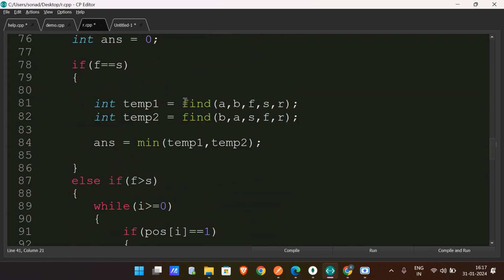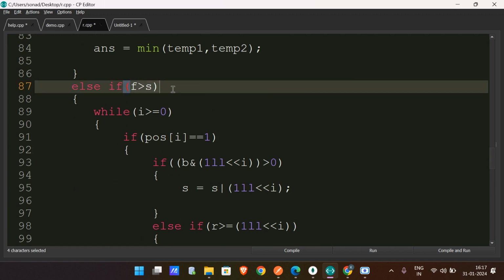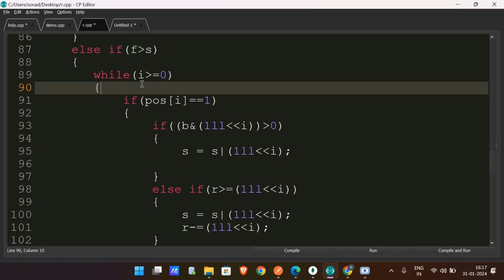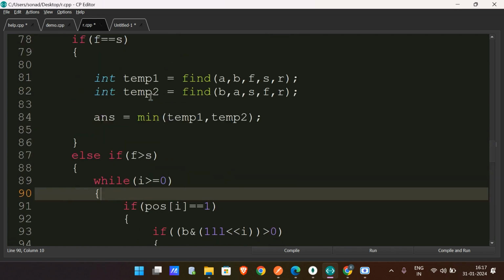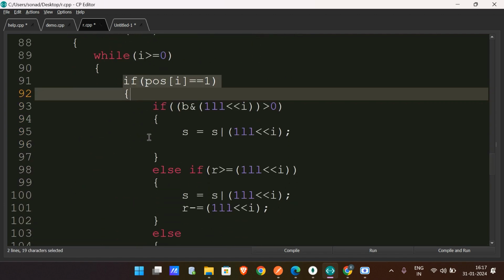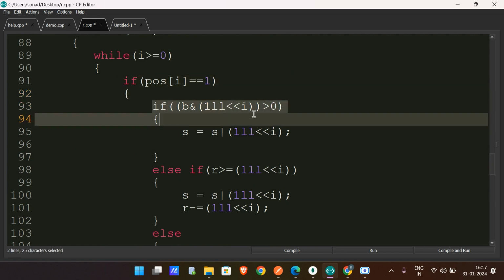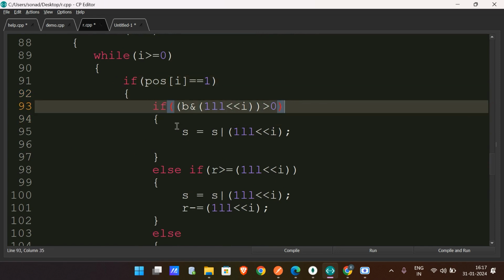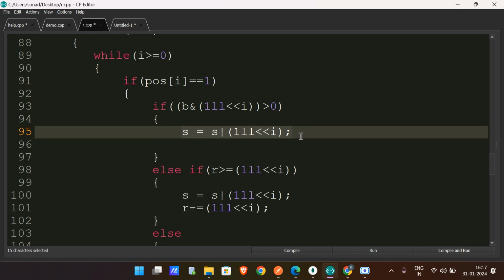If both are the same, I'm checking that. But if F is greater than S, then I need to increase the second term by assigning all the other bits that is possible. So I'm checking for all the other bits from the last bit position, from the 60 to 0. If it is 1, it means I can assign 1. So that's why I'm checking whether B already has 1 or not. If it already has, then I'll be having 0 at the ith position for X, and that doesn't cost anything.